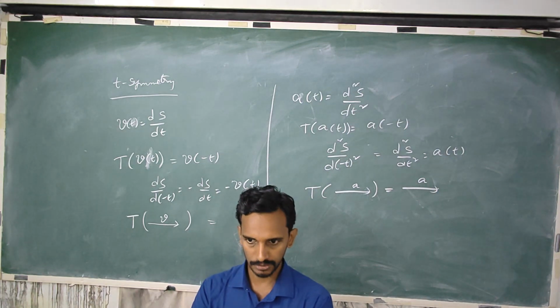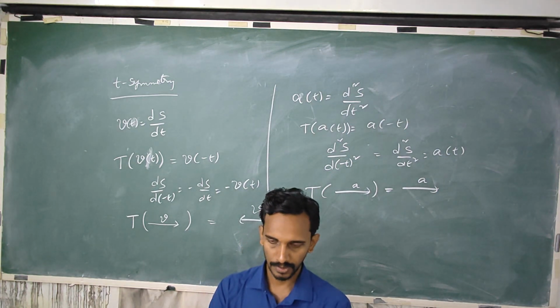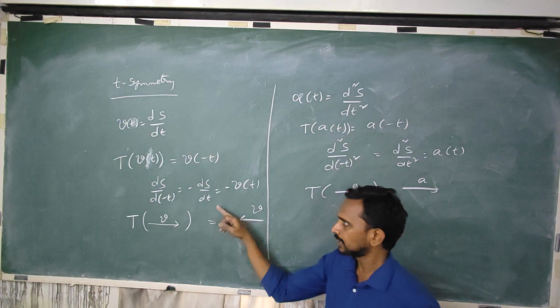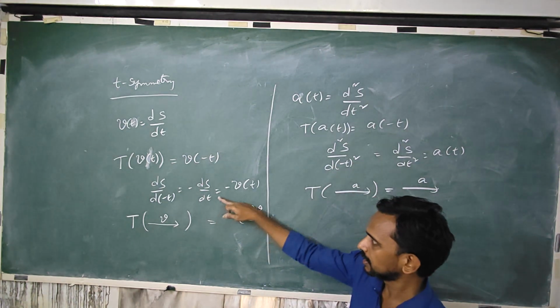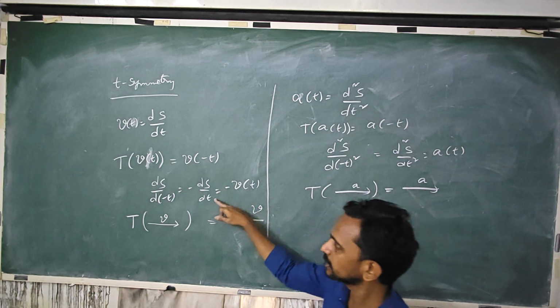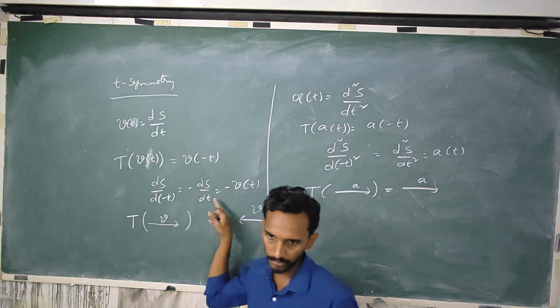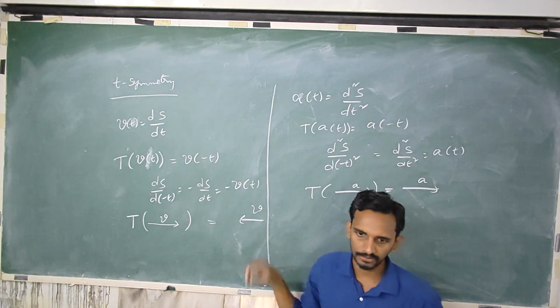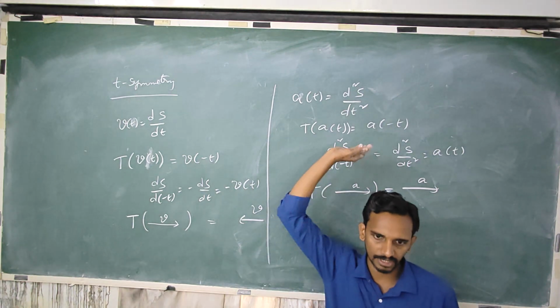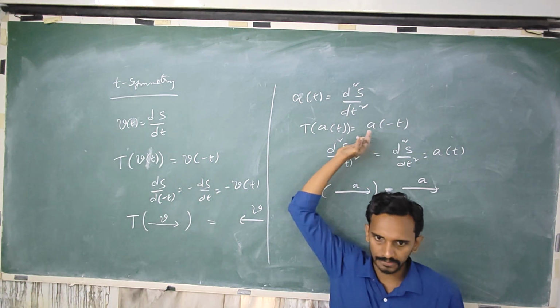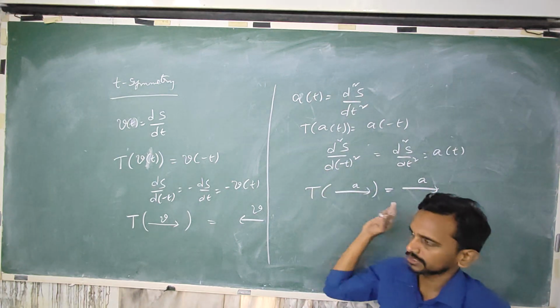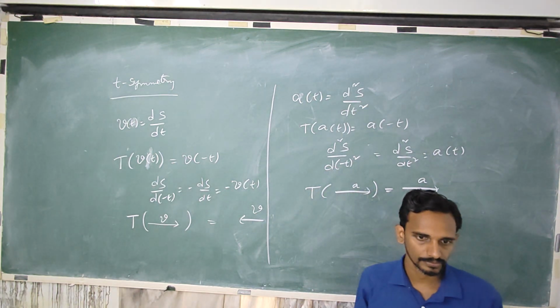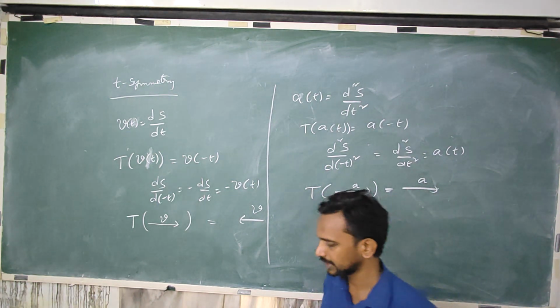One is inversion, another is time reversal. If there is a first order or odd number power of time dependency, then time reversal will give you a negative sign. If there is an even number power of time dependency, then time reversal operation gives you the same sign. So that you have to identify.